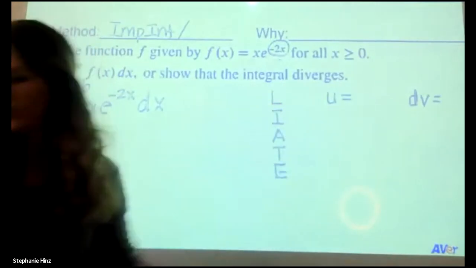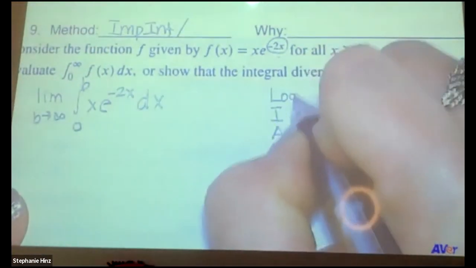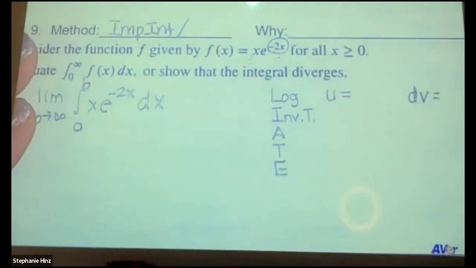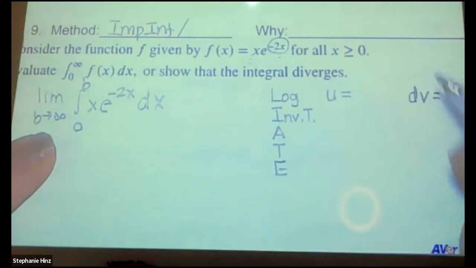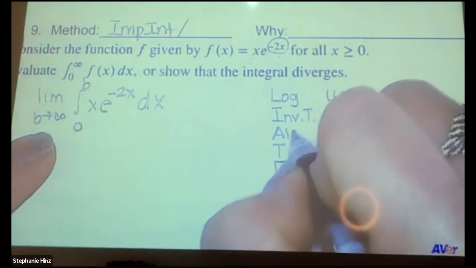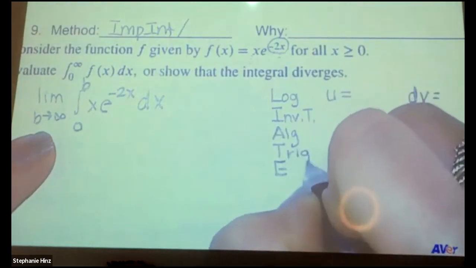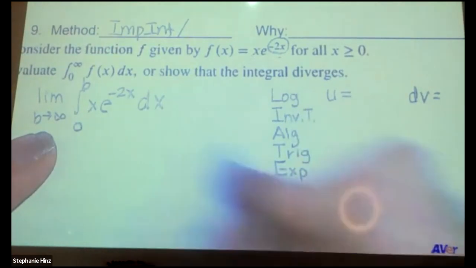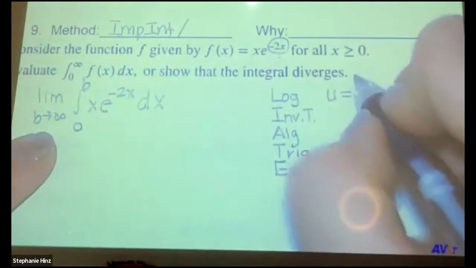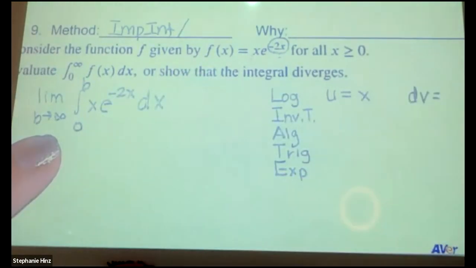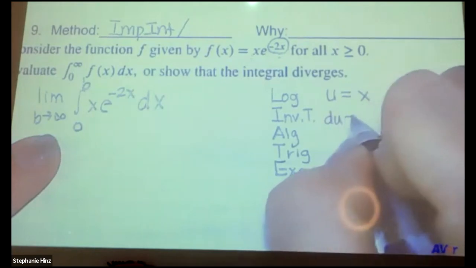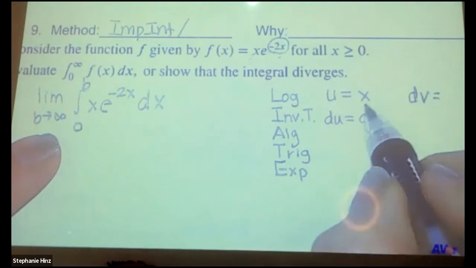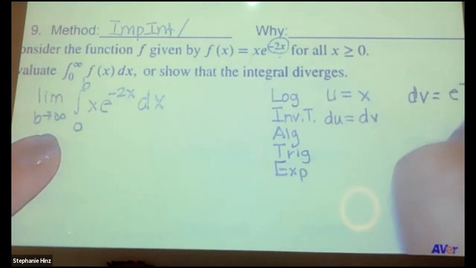So try to pick a log, maybe an inverse trig, then algebra, then trig, and then exponential last. So I'm going to pick just the x. Then my du would be dx, and the rest of the problem, I would be selecting e to the negative 2x.